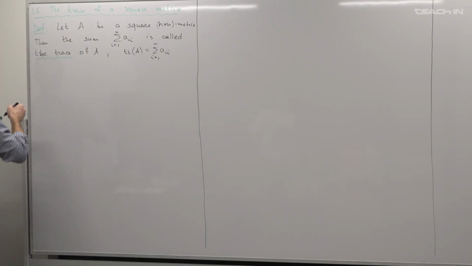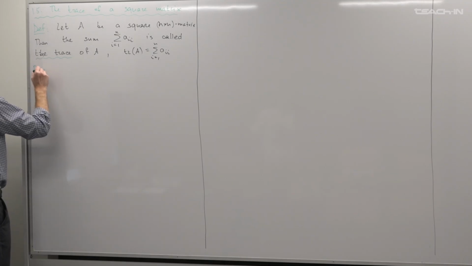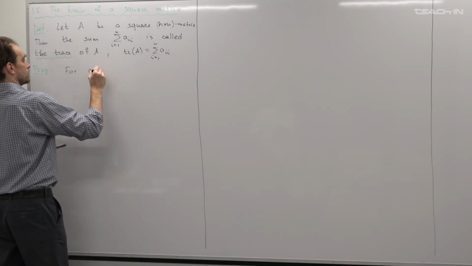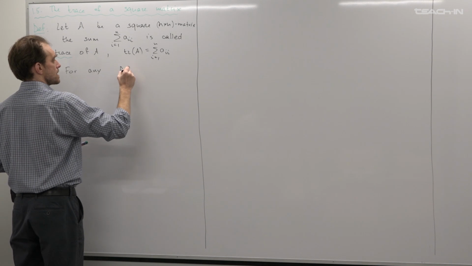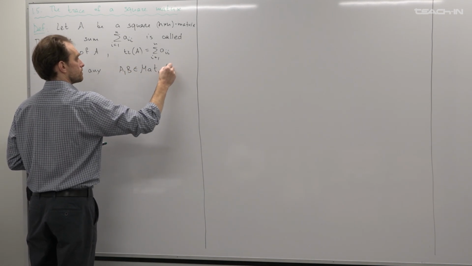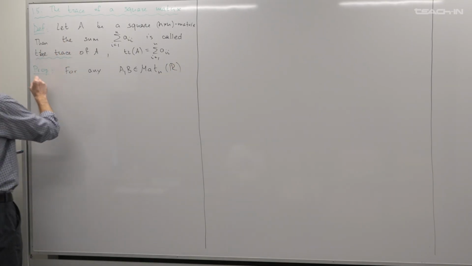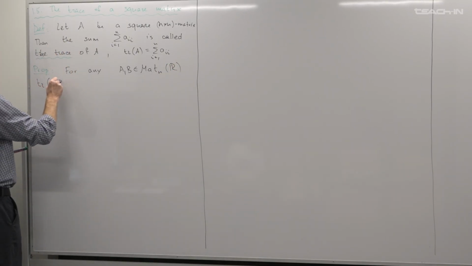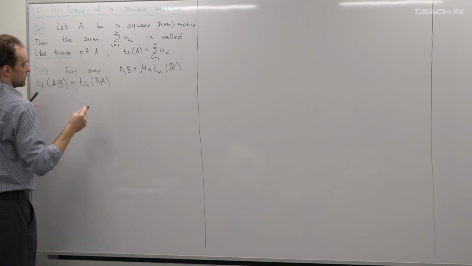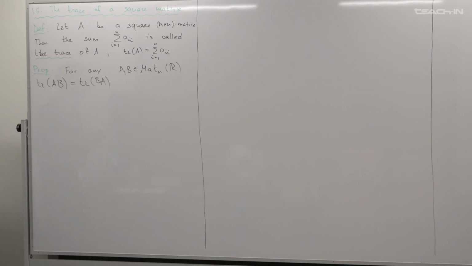And let us prove a simple proposition that for any matrices A, B of the same order, the trace of A multiplied by B equals the trace of B by A. So we see that these two matrices are not completely different.